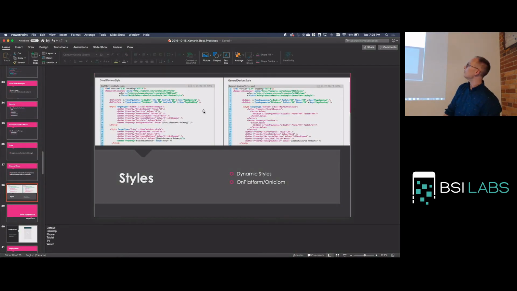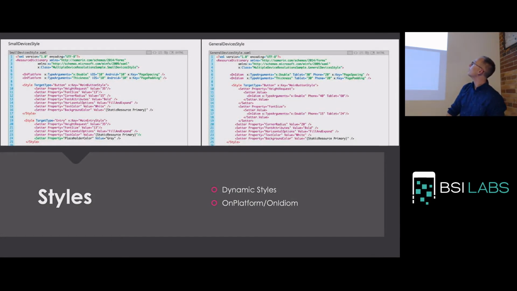This one's a little hard to read because it's so small. Maybe I'll make it full screen for a minute. I'm hoping you can get the idea here. So this is basically the idea of using dynamic styles, using a different set of styles depending on which platform and what idiom you're working on. So idiom is basically describing whether you're running on a desktop, a phone, a tablet, a TV, or a watch, because Xamarin Forms supports all those different platforms.